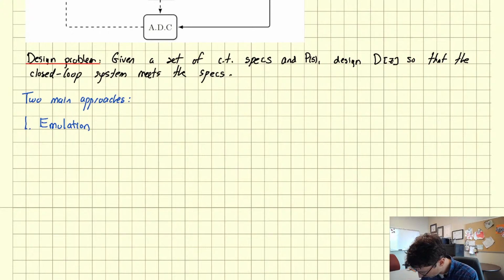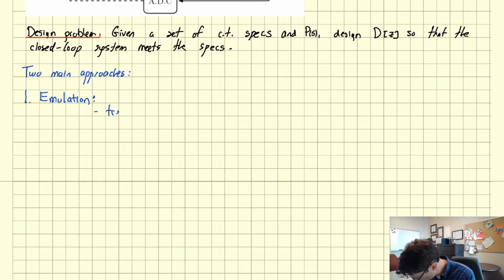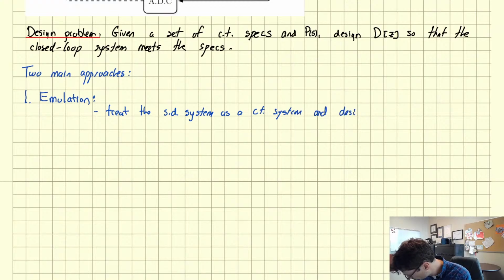So in the emulation approach, you treat the sampled data system as a continuous time system. And design C of S, right, the continuous time controller.